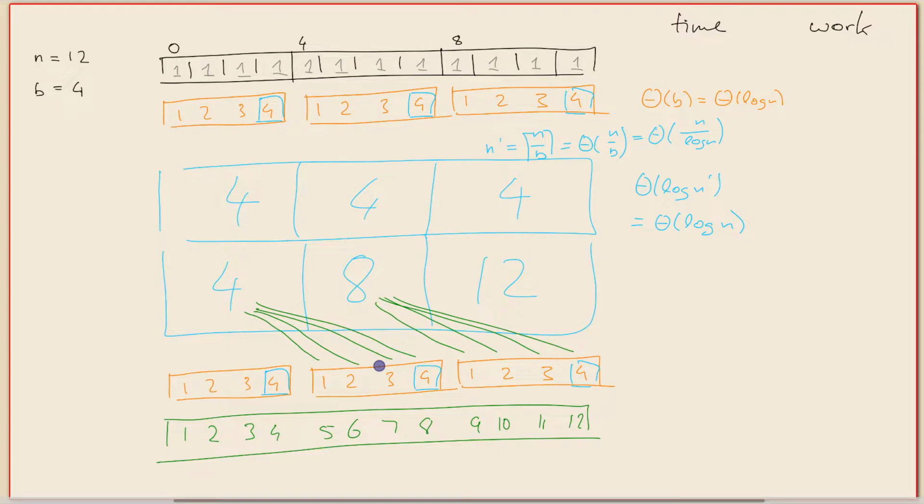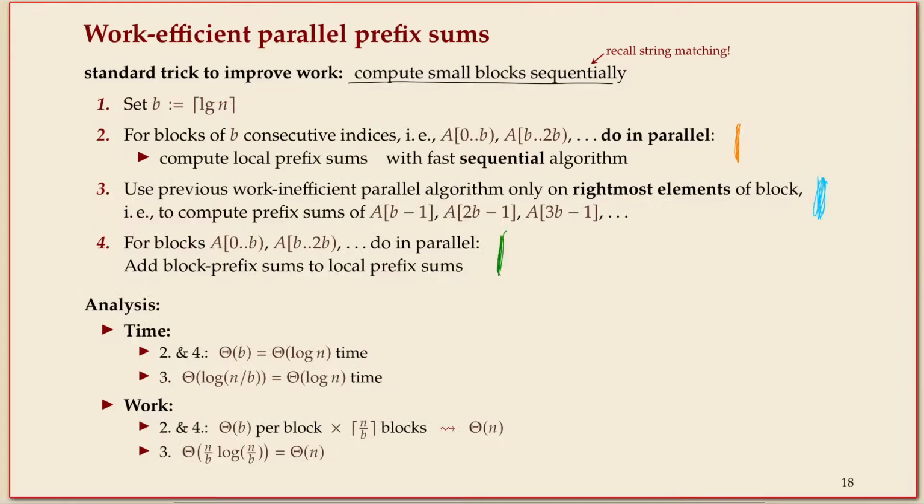Again, each processing element deals with one block, so it's only linear in the size of the block again. So the overall time, if you sum this up, is something like 3 times the previous time. And, well, I don't have to copy this, so this is summarized here again. I think the explanation is better explained step by step. So the time is, in terms of theta, still the same, log n, as we had it before.